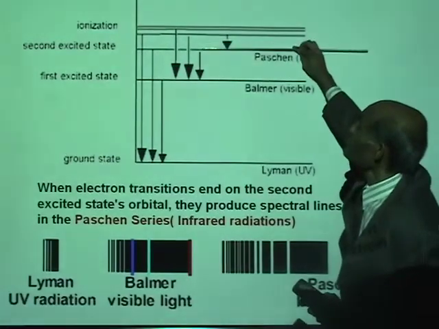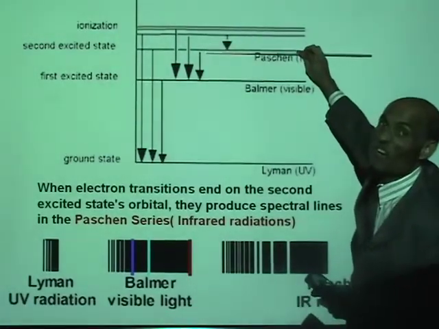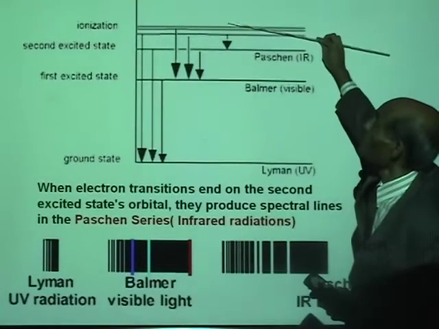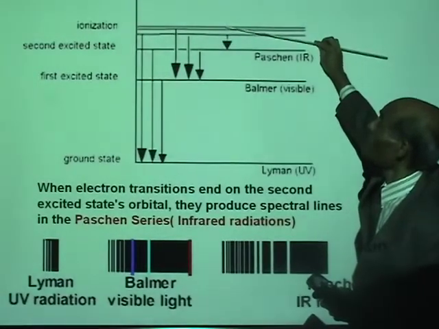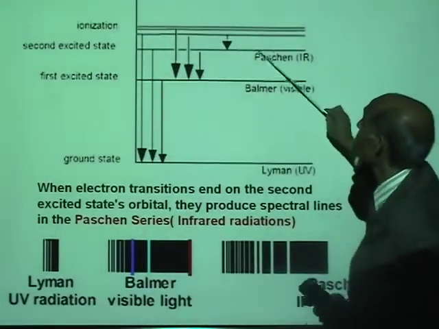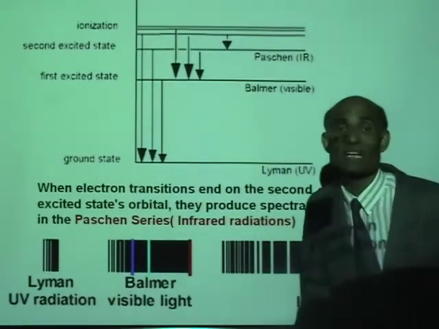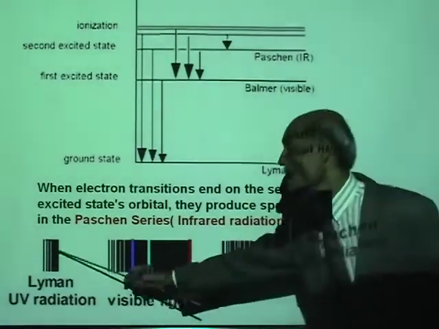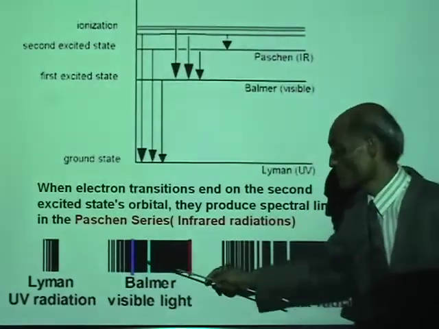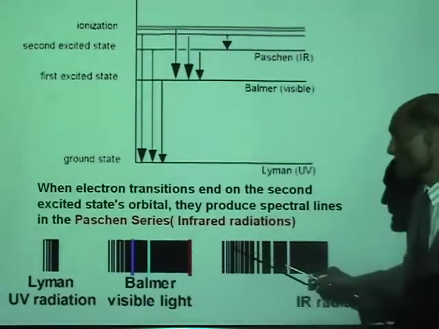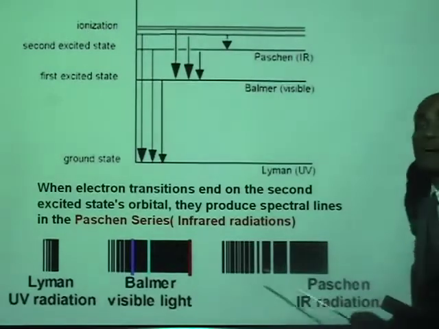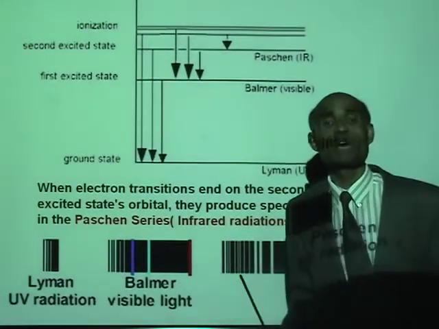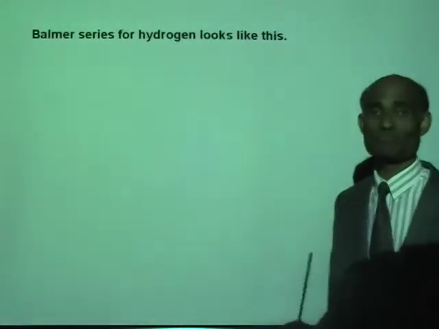And the Paschen series, that is the infrared radiations, are emitted when electrons jump to n equal to 3, the second excited state. Alright, so that must be familiar. Very high energy. Visible light is the medium energy, and infrared are very low energy radiations.